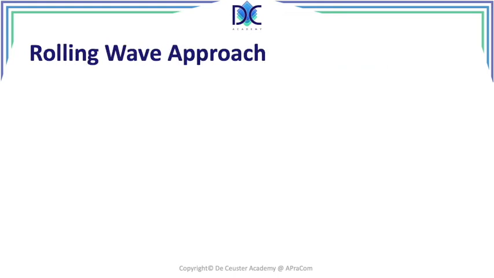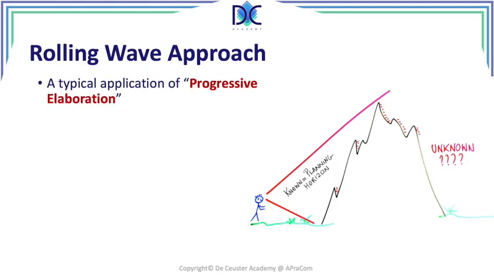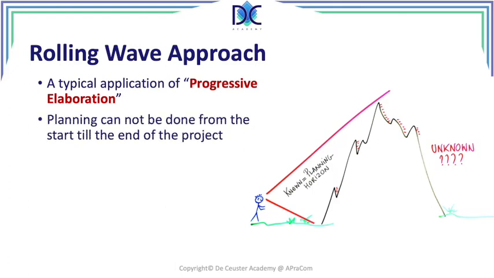A typical application of the rolling wave approach, where we have the known planning horizon, the person watching the mountain here, there are the parts in red where we don't know anything, on the other side is quite unknown, and like I said, a typical application of progressive elaboration. Now, we cannot plan everything with certainty, and we have to see how the project is going to identify those uncertainties.